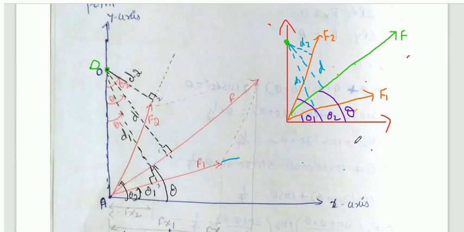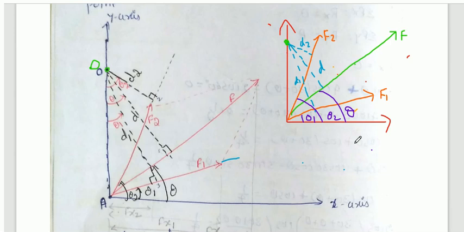So we have a theorem, or a principle. If any force makes an angle theta with respect to the horizontal axis, then the perpendicular drawn to that force makes the same angle theta with respect to the y axis.